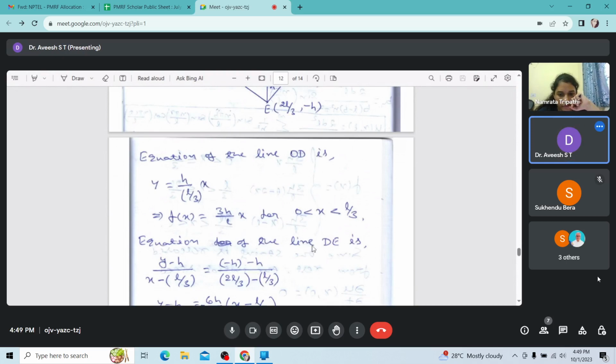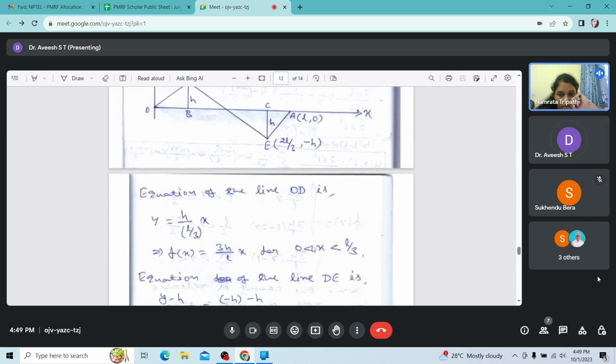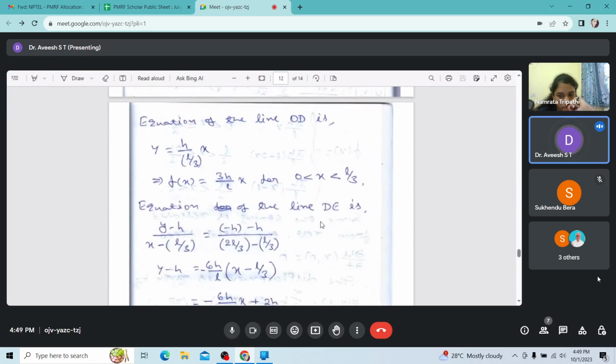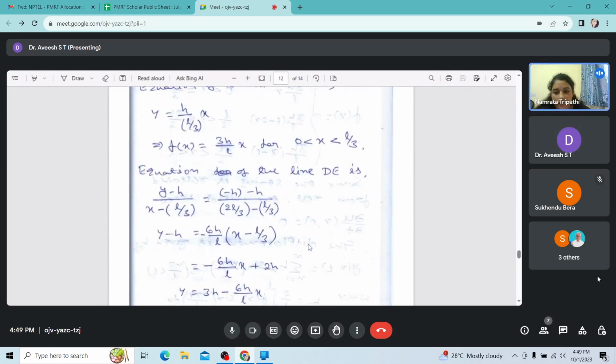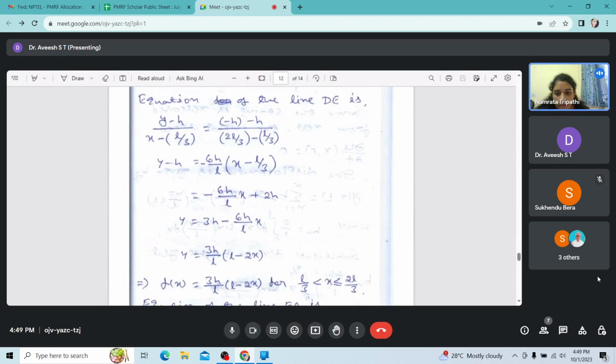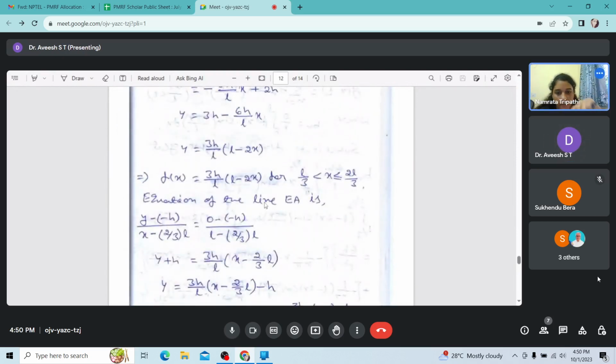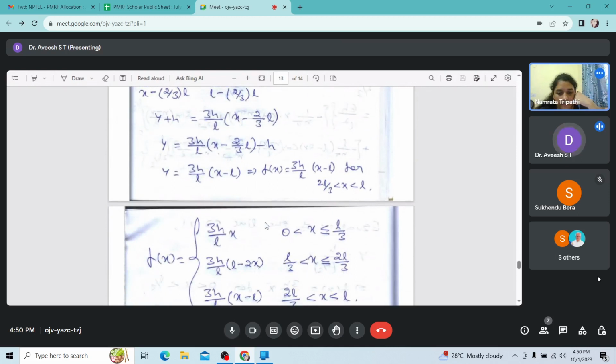This is f(x) for 0 to L by 3. From L by 3 to 2L by 3 is the expression for DE, calculating the equation of the line passing through 2 points. Then the equation for EA, the last one, for 2L by 3 to L, is 3h by L of L minus x.